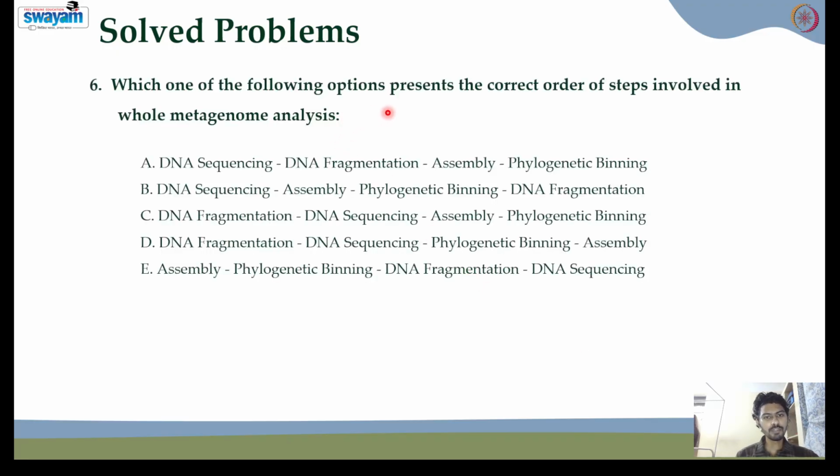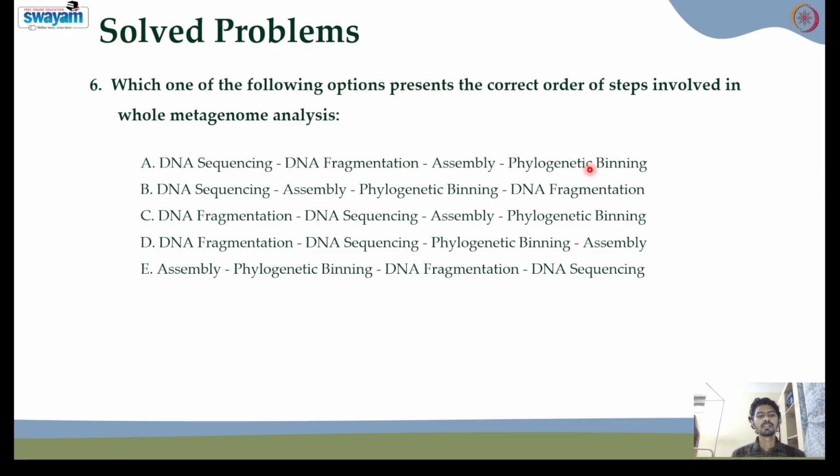Which one of the following options presents the correct order of steps involved in whole genome analysis? Among these statements, you have to find the correct sequence of steps for whole genome analysis. Option A, first DNA sequencing, followed by DNA fragmenting, assembly, and finally phylogenetic binning.